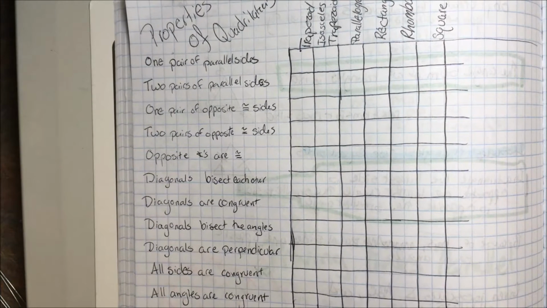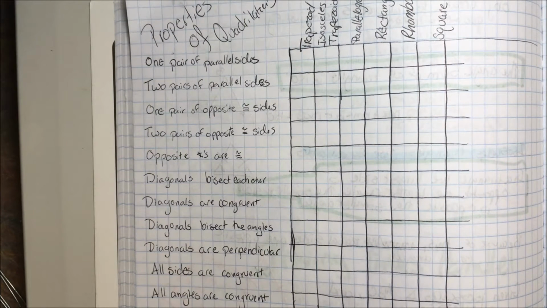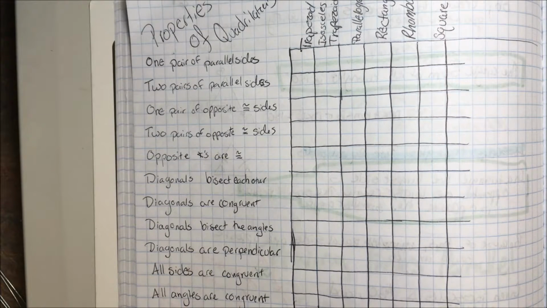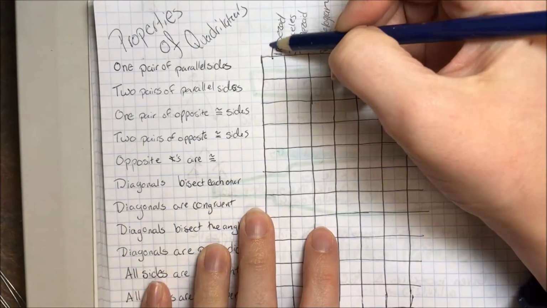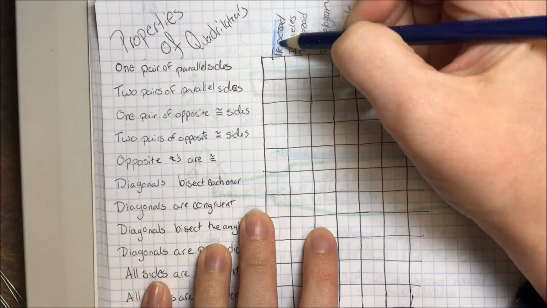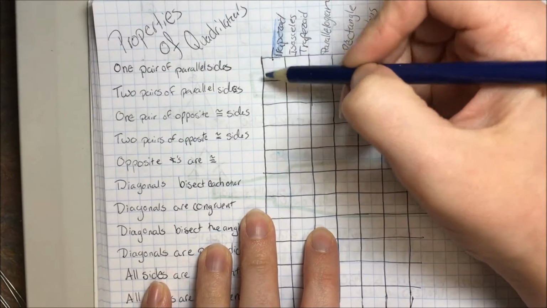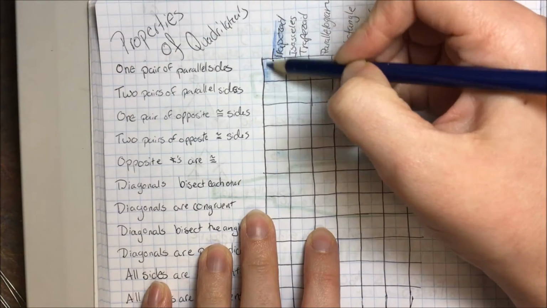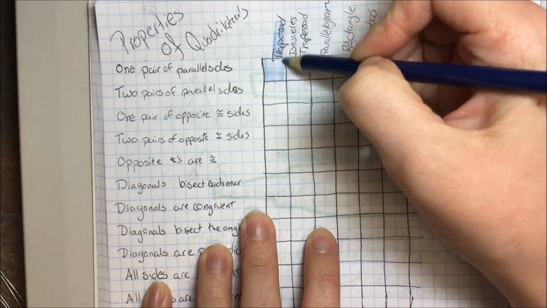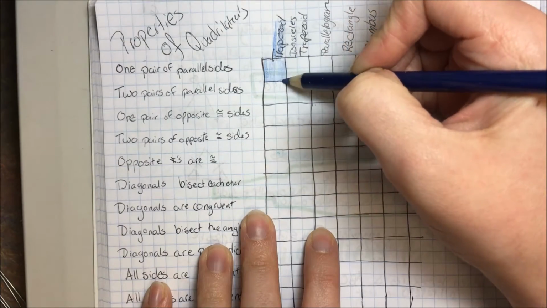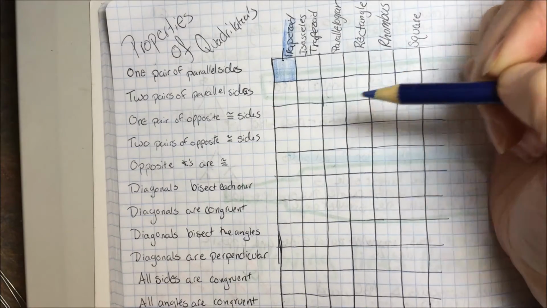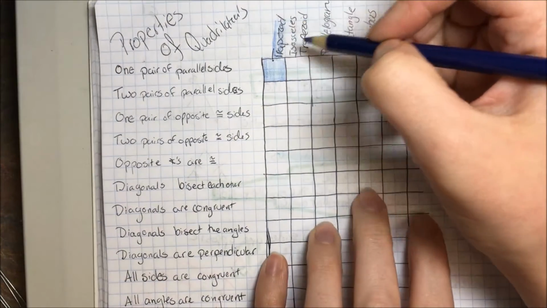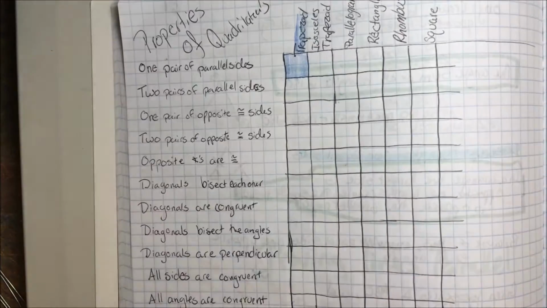Okay, so for all the properties I'm going to just use a little different colors along the way so that we can easily see where each thing is bubbled in. So I'm just going to use blue for trapezoid. Okay, so trapezoids have one pair of parallel sides. That's it. Okay. Isosceles trapezoids, I'm going to use a different color.